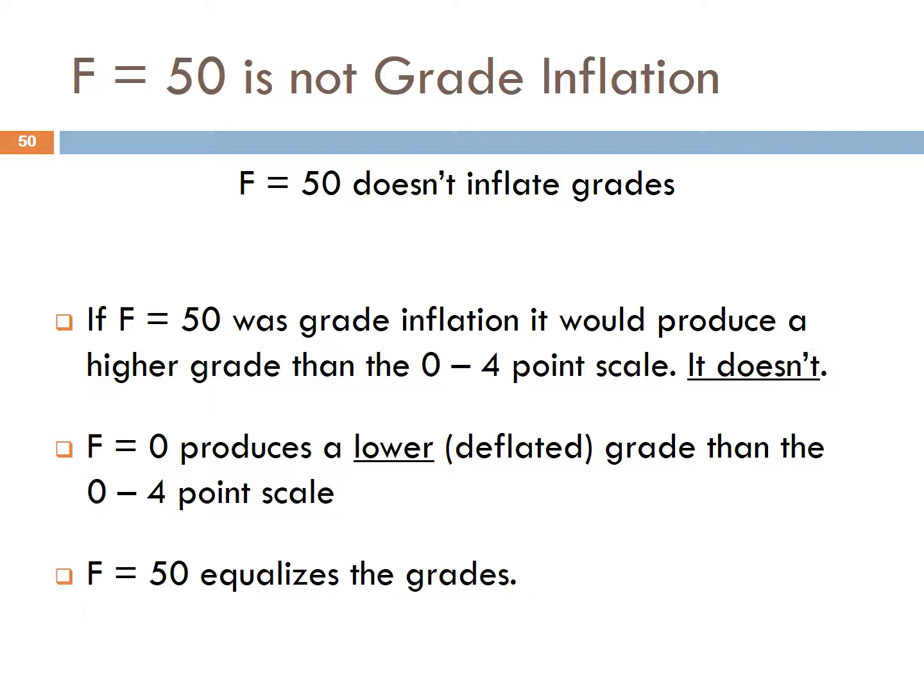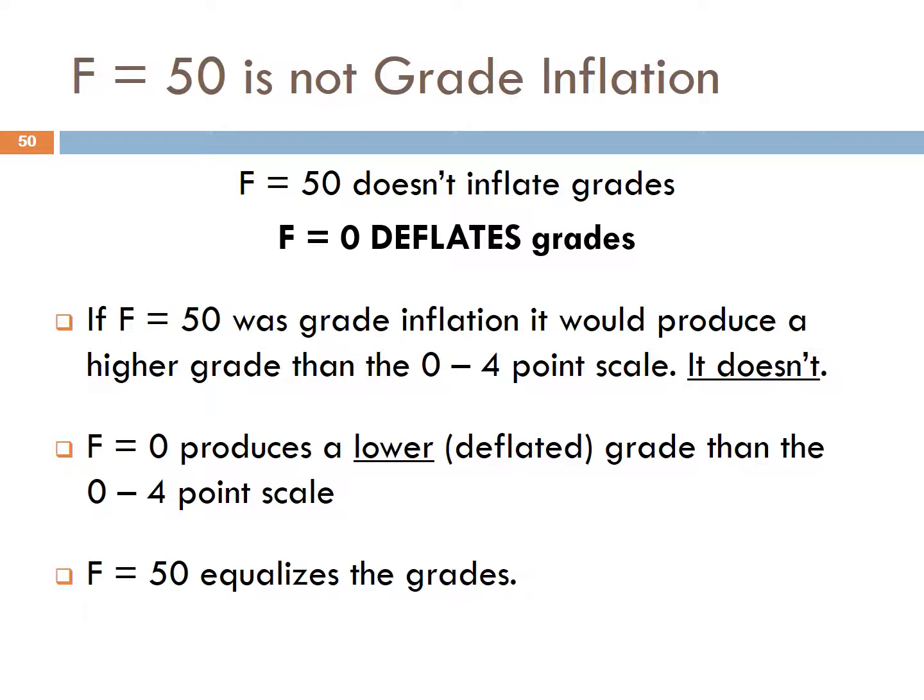F equals 50 is not grade inflation. F equals 50 doesn't inflate grades. F equals 0 deflates grades. If F equals 50 was grade inflation, it would produce a higher grade than the 0 to 4 point scale. It doesn't.